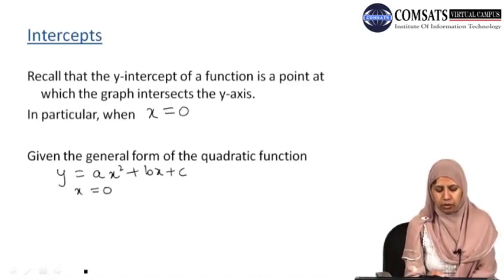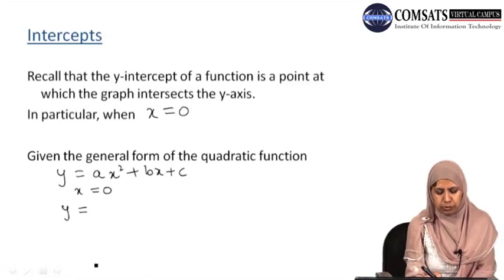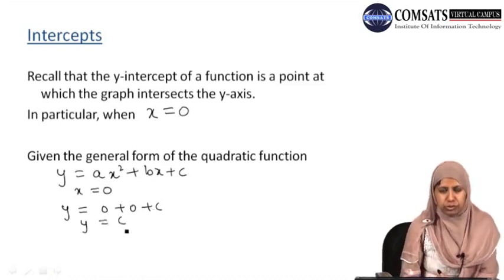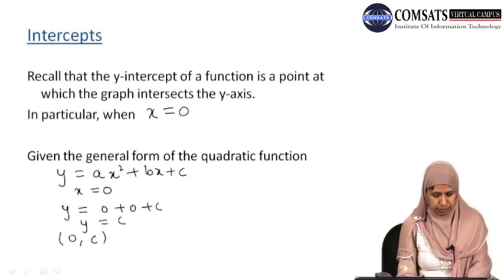So by putting the value of x is equals to 0 in our general form, we obtain y is equals to 0x square, which is 0, plus 0x, which is 0, plus c. So we obtain basically y is equals to c. Our y-intercept will be x is 0 and the value of y is equals to c.